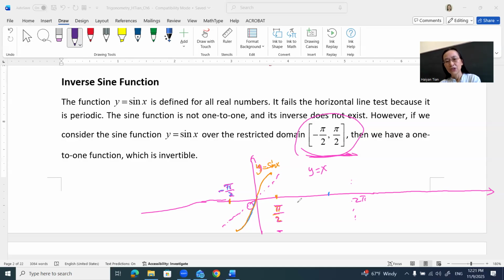The inverse will be the reflection of the sine curve with respect to the line y equals x.